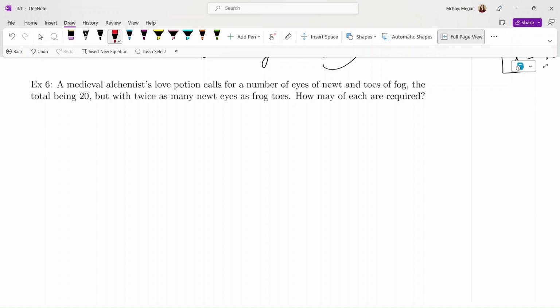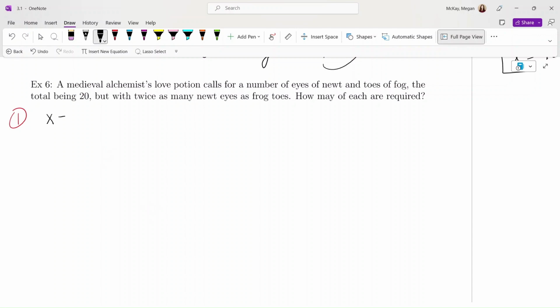Alright, so again, let's start with our first step, identifying what we're trying to find. How many of each are required? Well, what did the problem discuss? It talked about eyes of newt and toes of frog. So again, we're dealing with two unknowns or two variables in this problem.